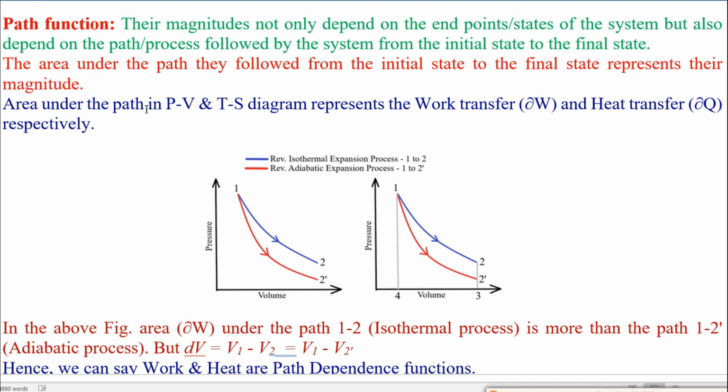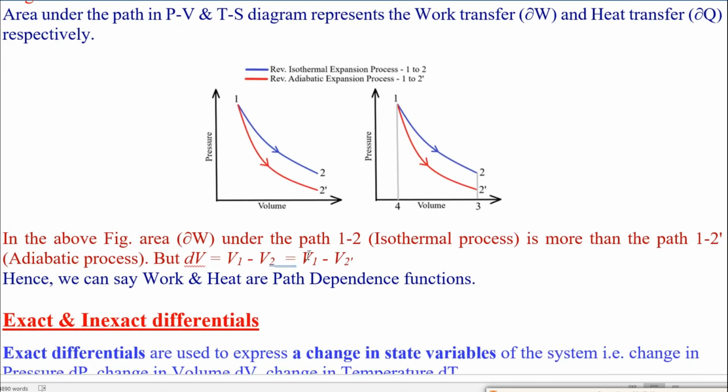So the area under the path in the PV or TS diagram represents the work transfer del W and heat transfer del Q respectively, as I have already told you in the previous figures. In this figure, the area del W under the path 1 to 2, an isothermal process, is more than under the path 1 to 2 dash, an adiabatic process.